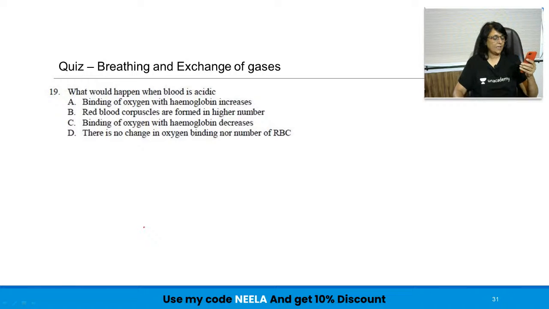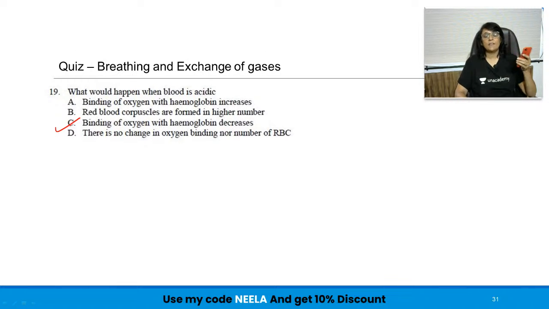Rajni is saying C. Daydreamer is saying A. Kavipriya says C. Suchitra says C. Anju is also saying C. And the correct answer is C.